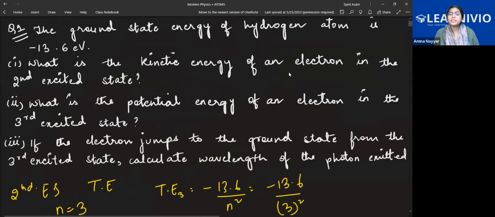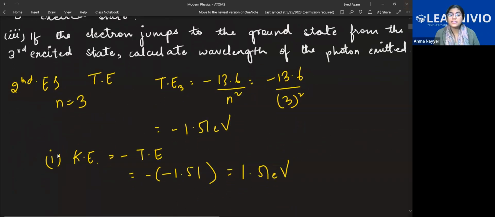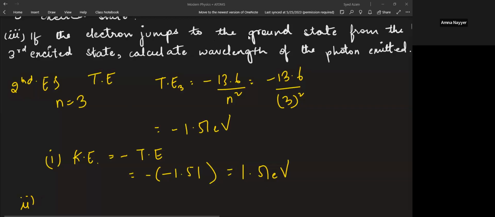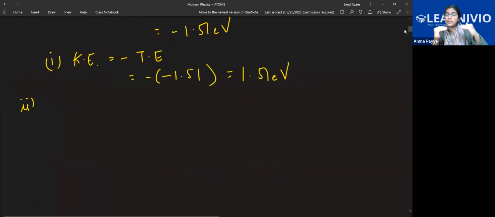Second part says, what is the potential energy of an electron in the third excited state? Class, for the third excited state, what is N's value? Yes, Taha, right. It is 4. See, excited state is always lesser. The number of the state will be one higher.